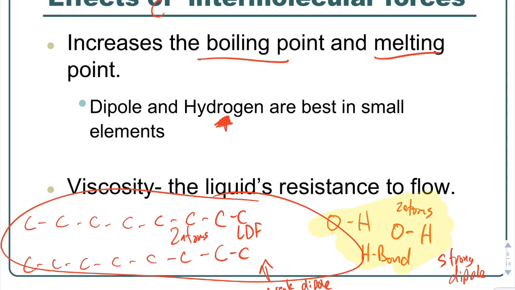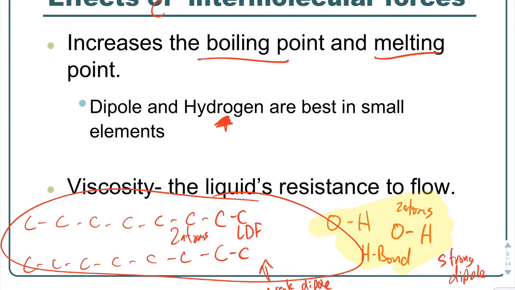And if they give you something like this, it's usually a really big difference in size. If it's only off by 1 or 2 carbons, then it's not significant enough. But if you have something with 12 carbons versus another element that only has 2 carbons and a hydrogen bond, the 12 is going to win. Okay, so remember, water is still just a liquid. It's not able to turn into a solid at room temperature.